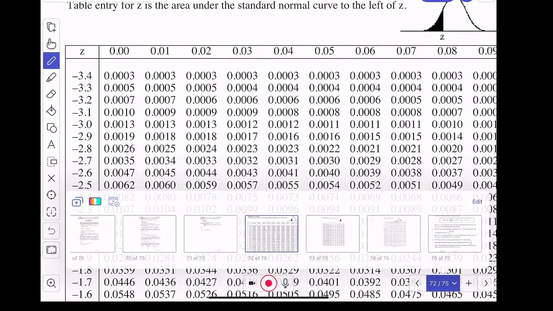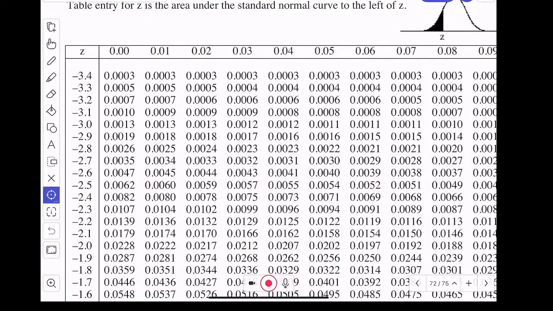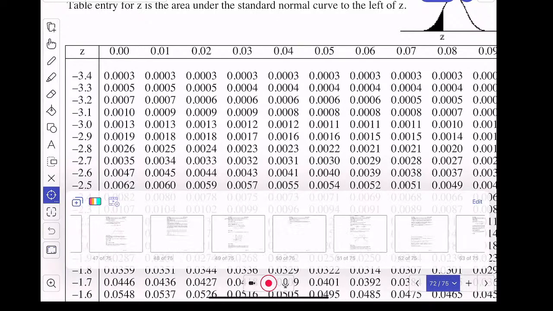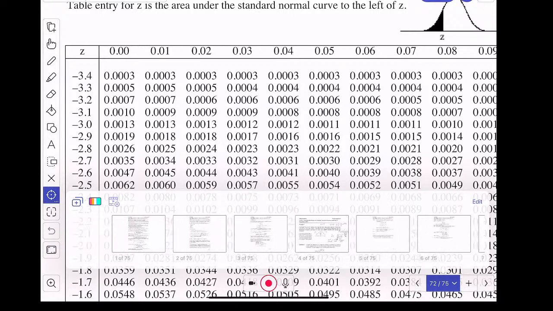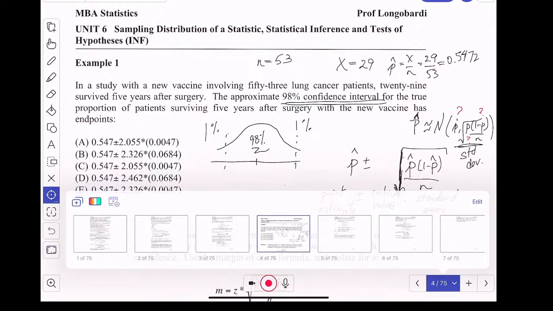So I'm looking for 1%, 0.0100, and the best option is, this is the closest, negative 2.33. Sorry about that.